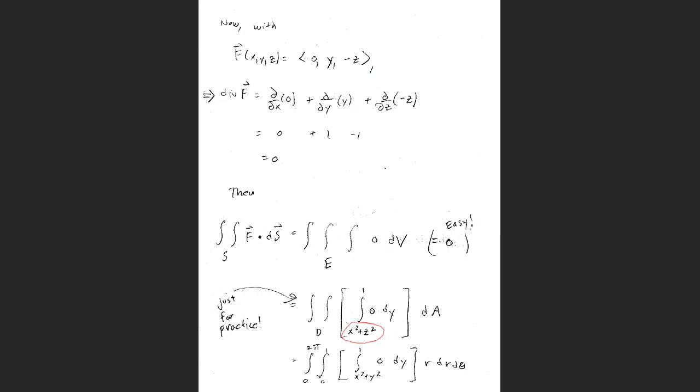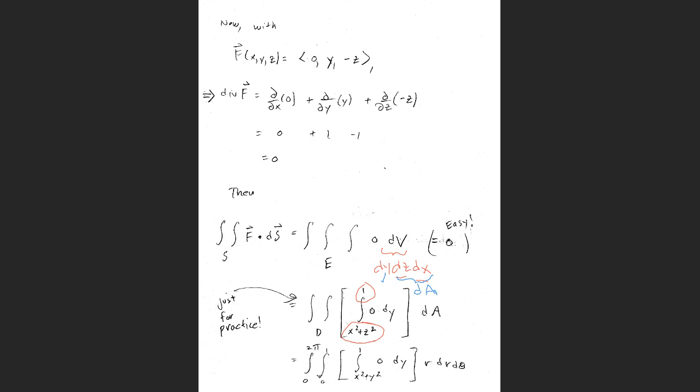The limit on the right would be y equals 1. Now then in terms of dV, if you think of dV as dy dz dx, you've taken care of dy here, but dz dx is dA.